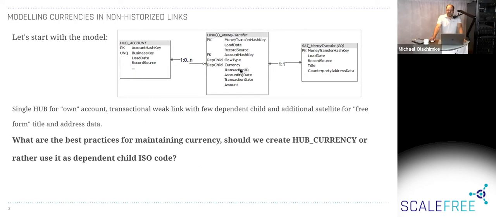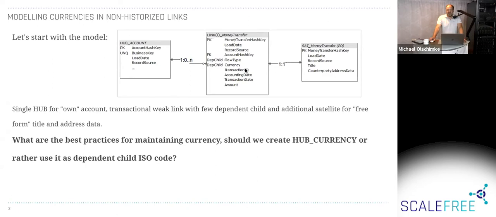The transaction ID in combination with the account hash keys would be the unique identifier for the transaction. That is the alternate key on the table. The element I'm adding to the hub references to make the combination of hub references unique, I call the dependent child. In combination, transaction ID is the alternate key.